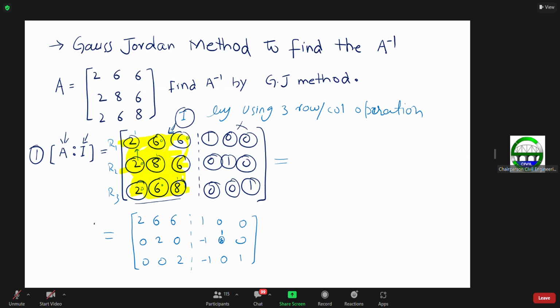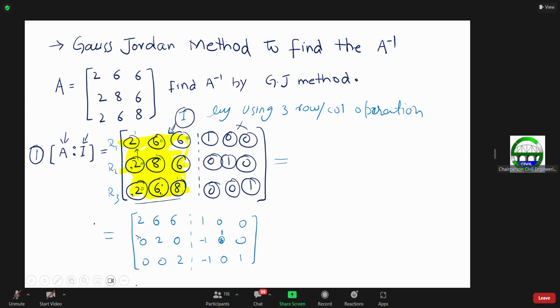So our first thing, it is a kind of trick. Always start from here, make it 0, and these elements 0, and these elements 0. We always start by making this one 0 first.